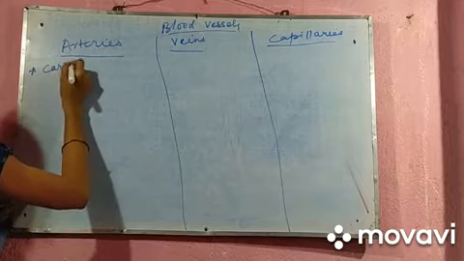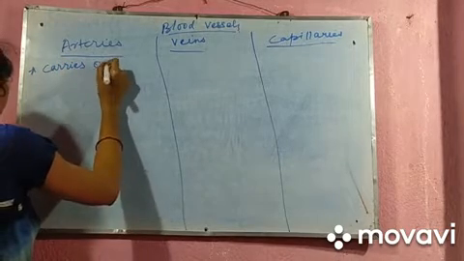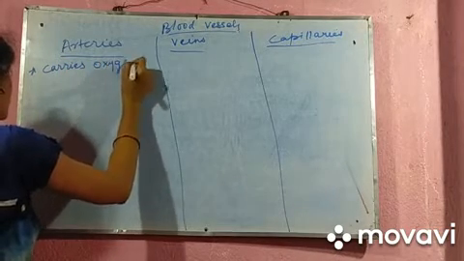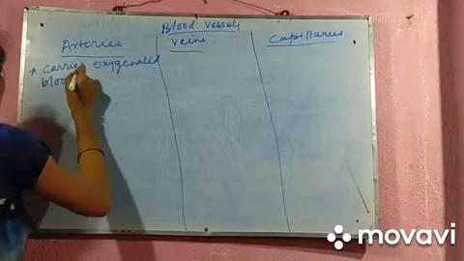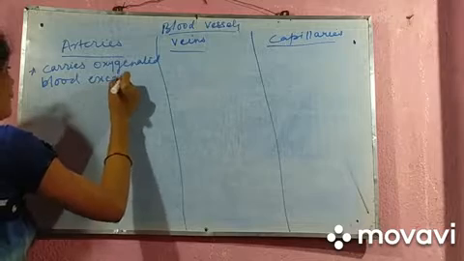Arteries carry oxygenated blood, except the pulmonary artery.